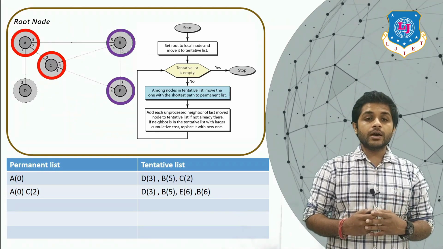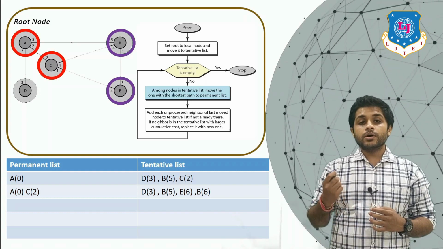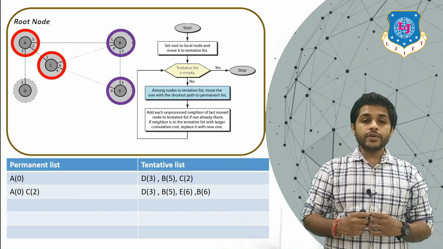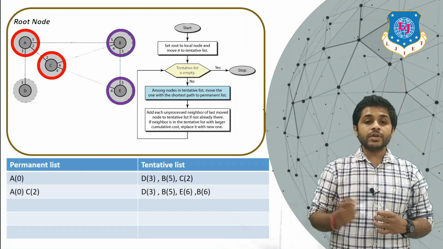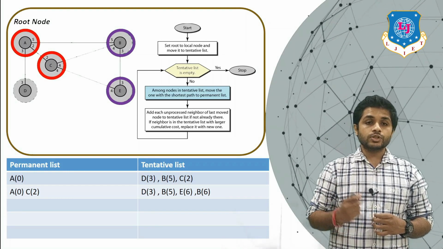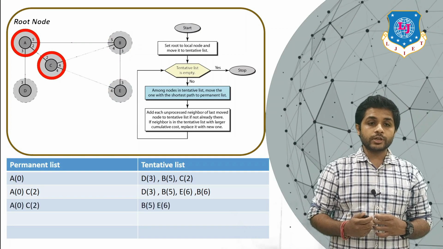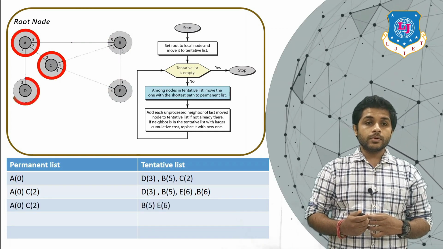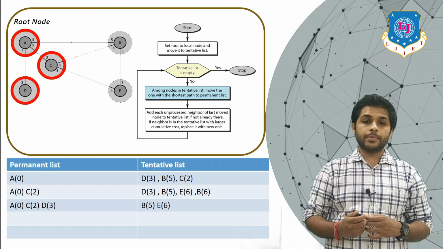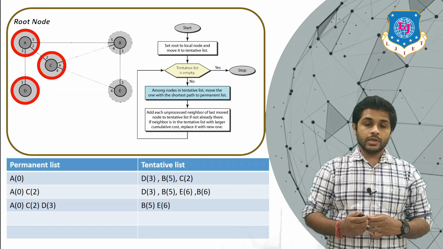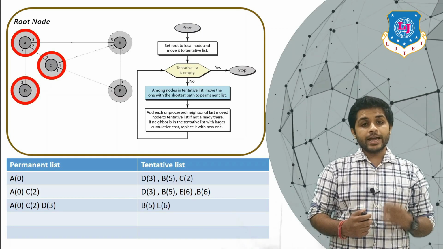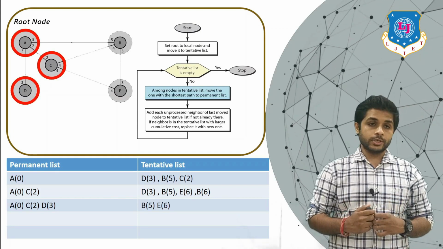Now after that, again we will move a node from the tentative list to the permanent list. Which node will we move? The node which has the shortest distance. So D3 has the shortest distance, so we will add the node D to the permanent list. Now after adding the node to the permanent list, we will add its adjacent nodes to the tentative list.